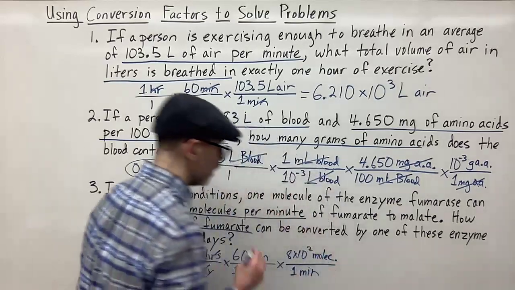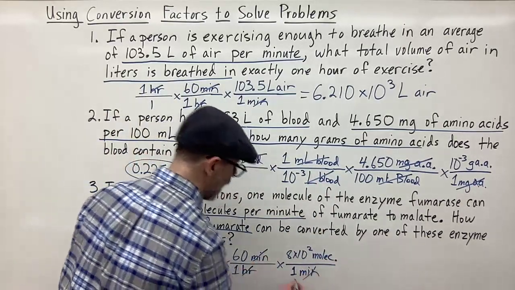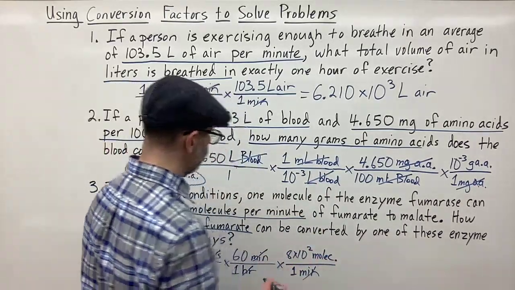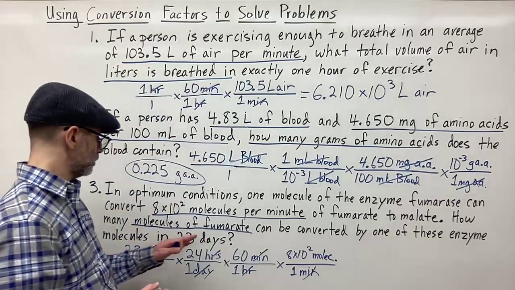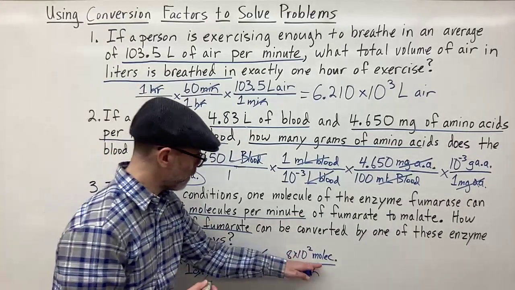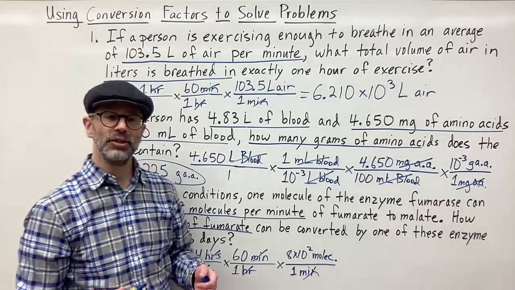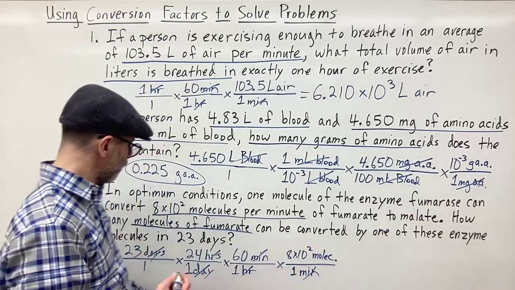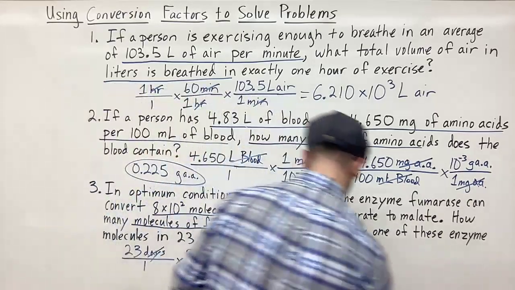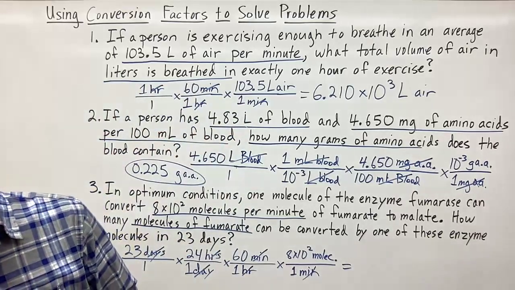I'll just put mol for molecules. Minutes cancels out. Now I have molecules of fumarate. That's what they want. I am done. So now all I need to do is multiply across the top, divide by the bottom, and I get my answer.